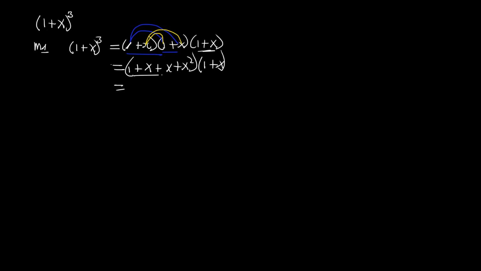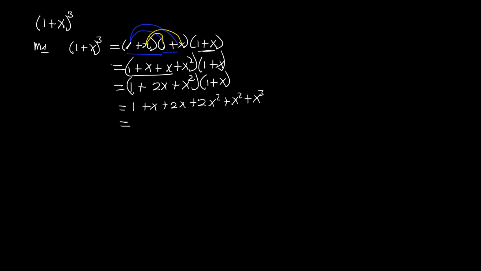When we sum the terms in this bracket, we are going to get 1 plus 2x plus x squared. That is going to be multiplied by 1 plus x. Using the same approach, we are going to get 1 plus x plus 2x plus 2x squared plus x squared plus x cubed.